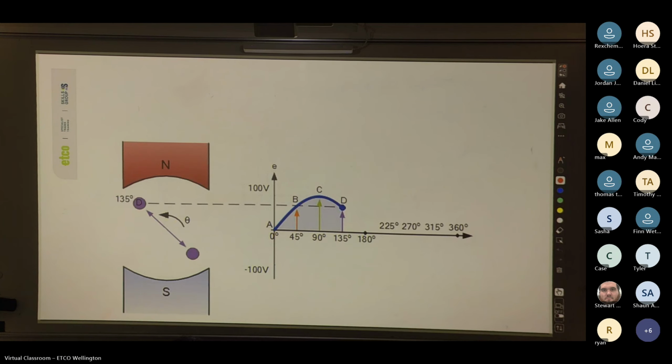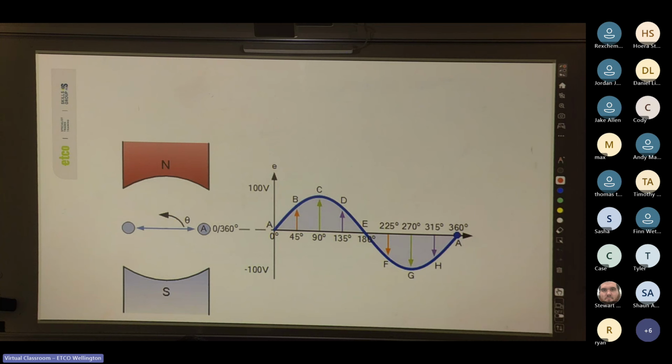This is what the AC sine wave generation looks like versus the DC that we looked at earlier. The same principle, we're just now getting an AC waveform instead of DC.